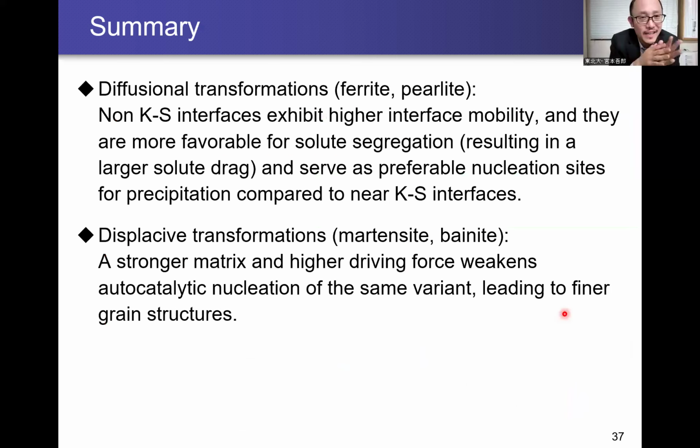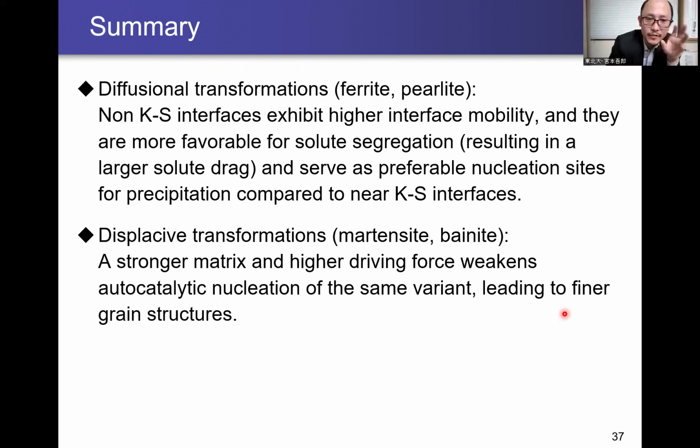So let me summarize my talk. In this talk, I explained the effect of crystallography on phase transformation in steel. In the first part, I explained the diffusional transformation behaviors.